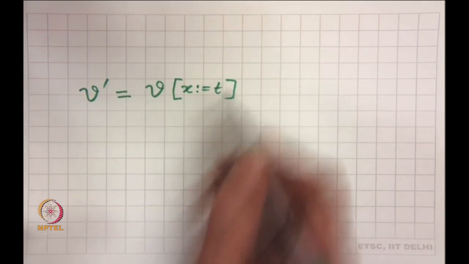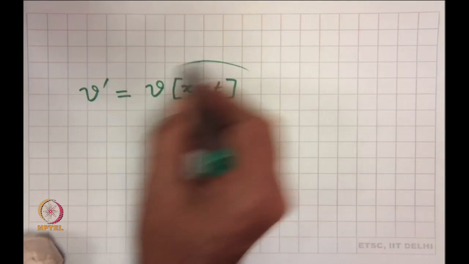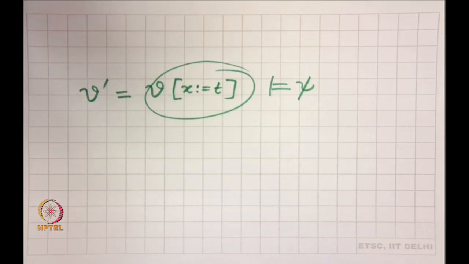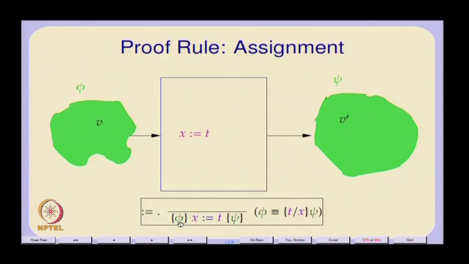Now, supposing this belongs to a set of valuations which satisfies a predicate psi, then the only input predicates that can act as specification for this assignment are those in which, if you had syntactically replaced x by the term t, you get a predicate that is true.